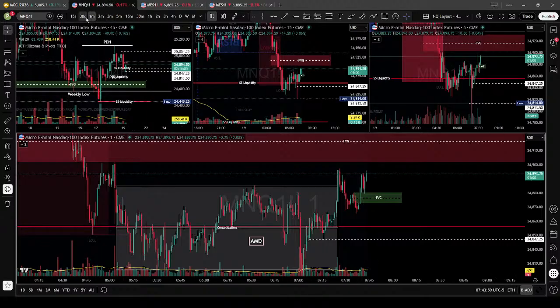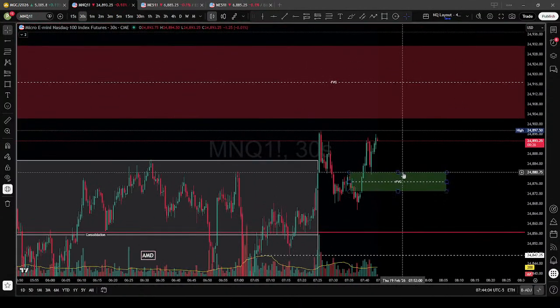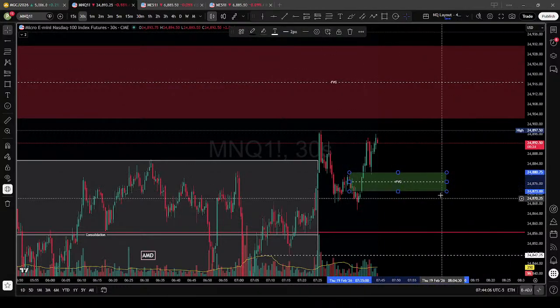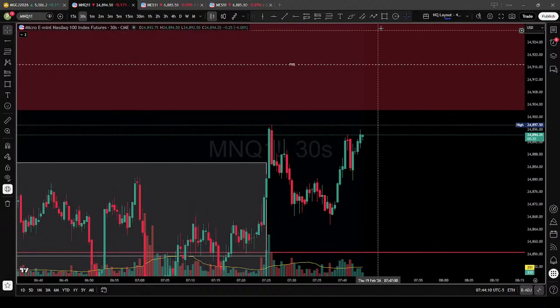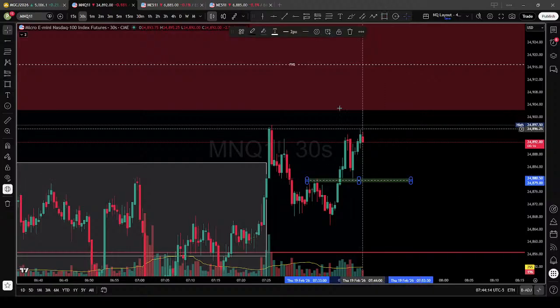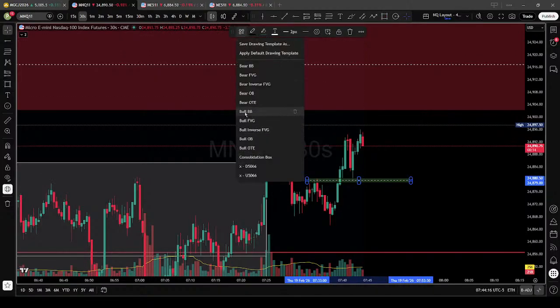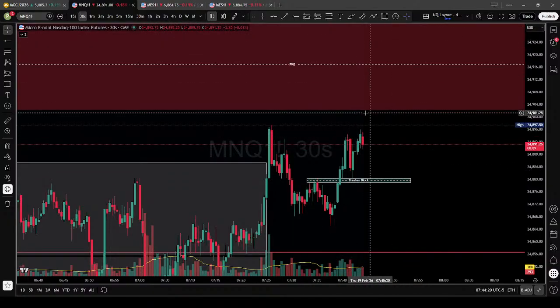I think we should be moving to the 30-second time frame. I'll be able to show you a lot of trades. So what happened was there was this breaker block, bull breaker block, and there was a fair value gap right up here.